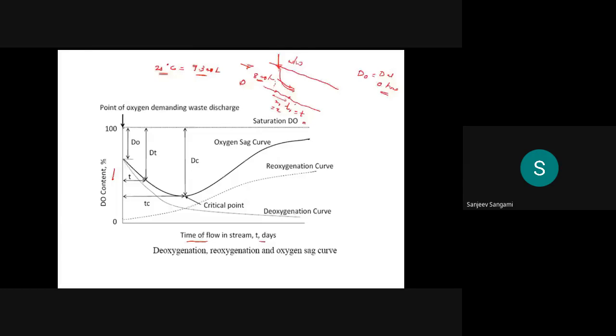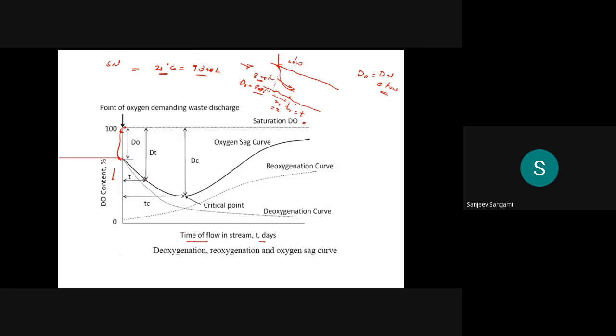But D naught, when it is discharged, is lower. So now this one is saturation, what we are talking about as 100%. D naught, you can take this stretch, it is decreased at that point in time. Means that much difference of DO is decreased at the first point.